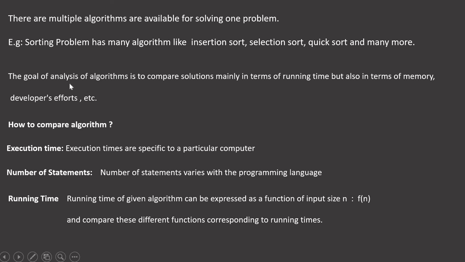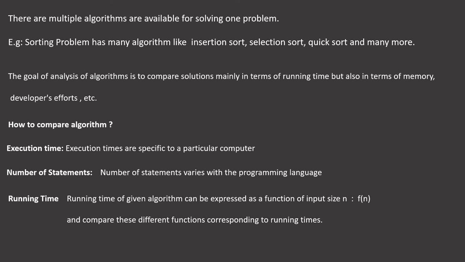So actually you can analyze an algorithm by running time. And what is this running time? We are saying it's a function f(n), and this function is expressed in terms of the input size n. Input size means the number of inputs you are going to give, right?